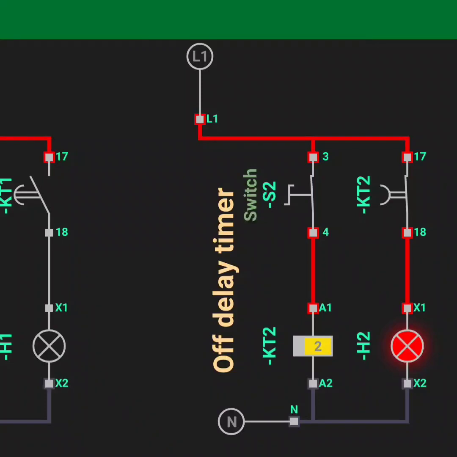Now see, I am switching off or disabling switch S2. See what happens is, output lamp has gone off after a delayed time of 2 seconds.